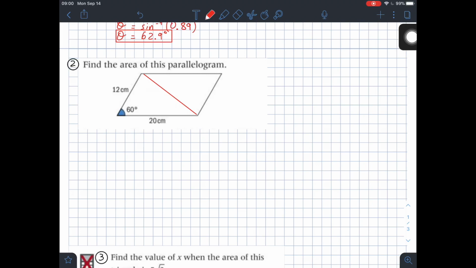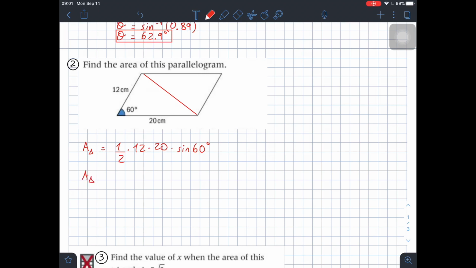If I apply the formula, we would say that the area of the first triangle is equal to 1/2 times, we have this side, and we have the angle in between, so we can apply the formula, right? So this would be times 12 times 20 times sine of 60 degrees. Let's see if we do not use a calculator, let's see if we can get to the answer.